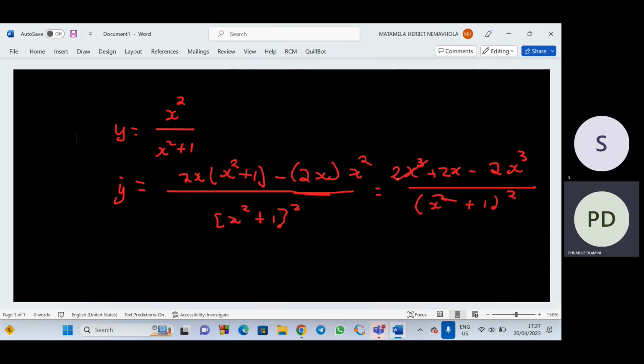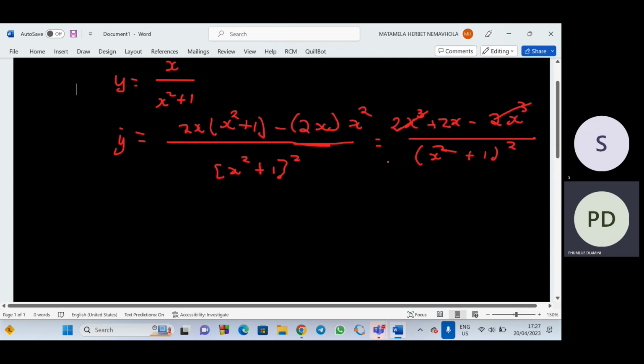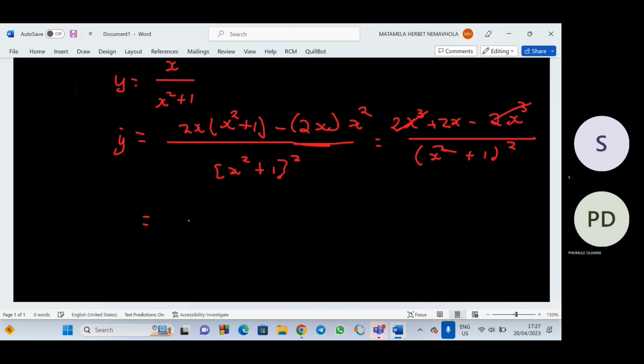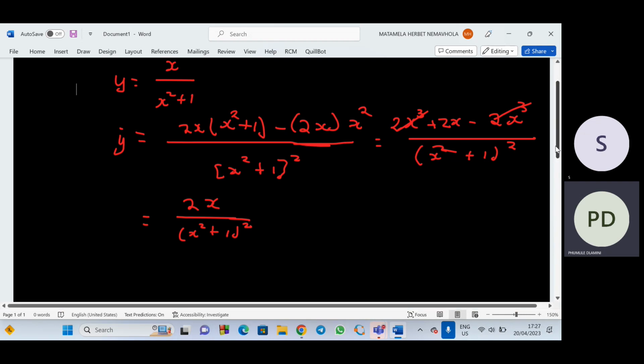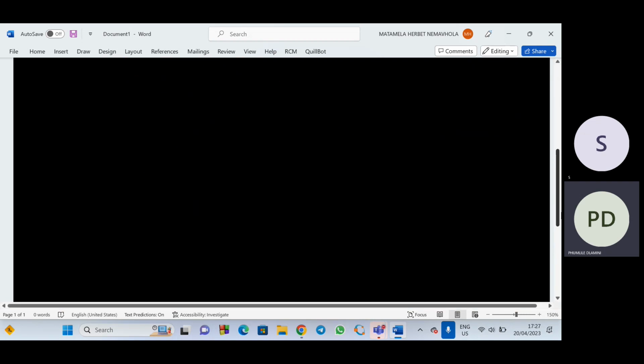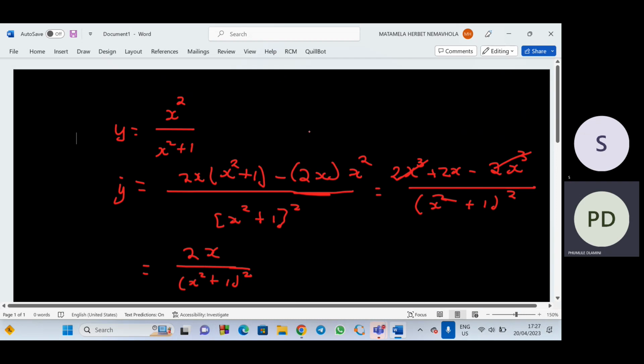You can see that the 2x cubed terms cancel, and you remain with 2x over x squared plus 1 to the power 2. So we have just differentiated it using the quotient rule. I think you understand this quotient rule now, so I will just use this one example.